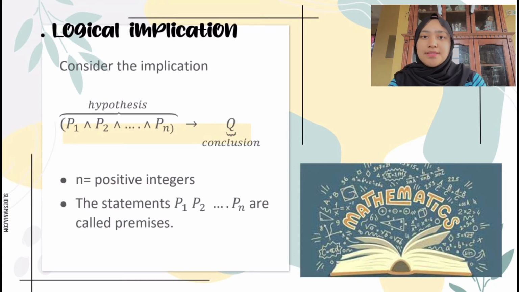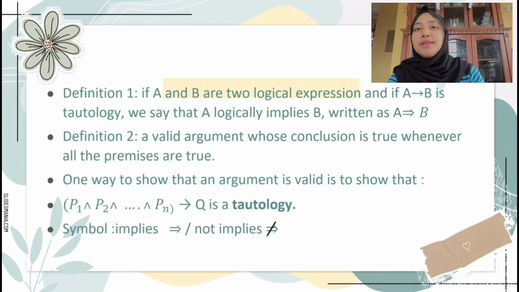are called premises. So for logical implication, we have two definitions. If A and B are two logical expressions, and if A implies B is a tautology, which means all the conclusions are true, we say that A logically implies B, written as A implies B with the arrow to the right.